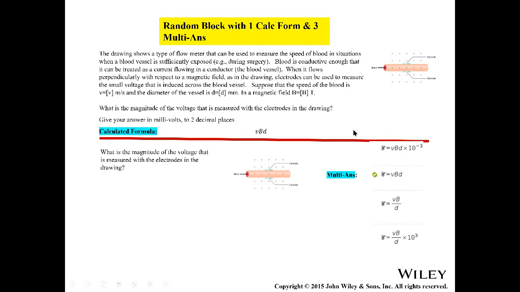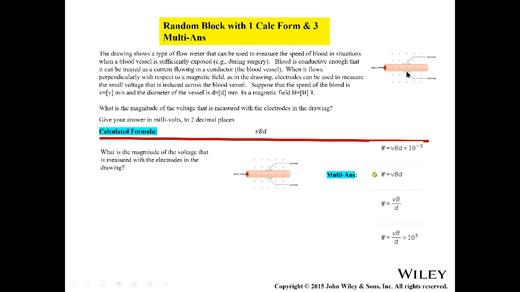The formula is VBD, where D is the gap. In this case, this blood vessel is a vessel of a certain diameter, so that is D. That actually is the gap.